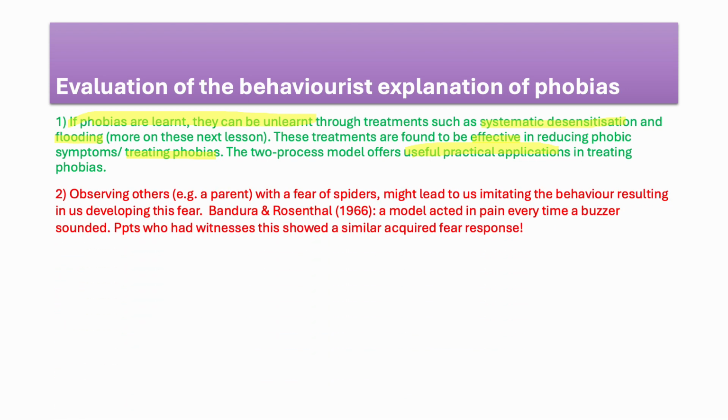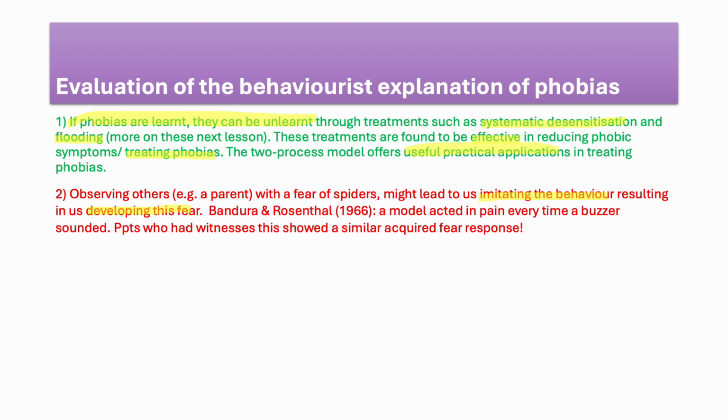However, criticisms include alternative explanations. Observing others, such as a parent who has a fear of spiders, for example, might cause an individual to imitate this behaviour, which results in the phobia or the fear being developed. So there are alternative explanations apart from classical and operant conditioning, or the two-process model.